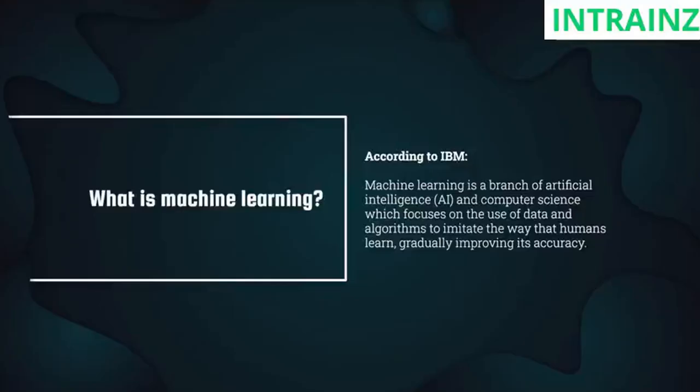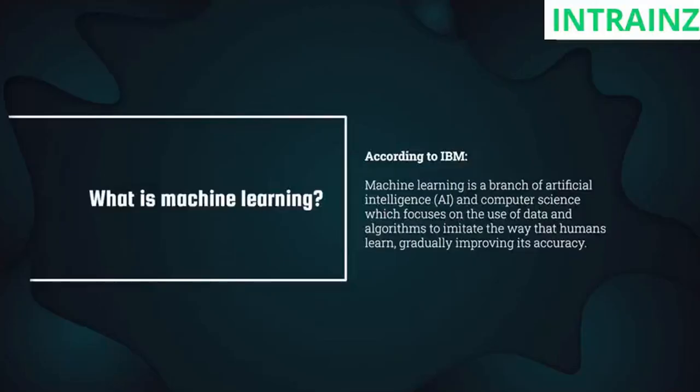Let's look at the definition of machine learning. According to IBM, machine learning is a branch of artificial intelligence and computer science which focuses on the use of data and algorithms to imitate the way that humans learn, gradually improving its accuracy. So, we use some data and then we process that data with the help of an algorithm, and we try to imitate the way humans learn.